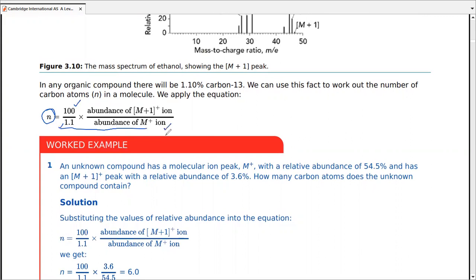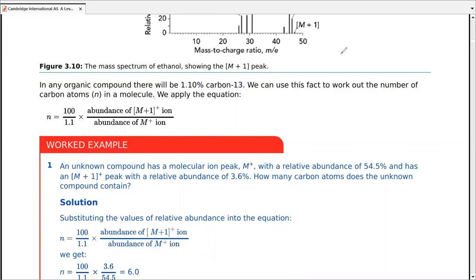So this is the M peak, the one for the whole compound, and this is the M plus 1 peak, when one out of those carbon atoms is made of carbon 13 isotope, hence this 1.1. So if we have the abundances of these peaks, just two values, we can literally calculate the number of carbon atoms in the organic compound. This is how easy it is.